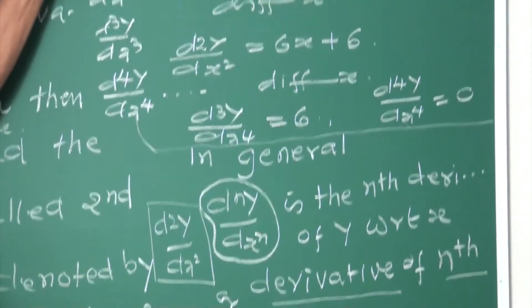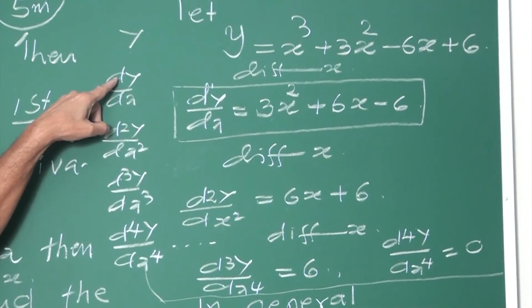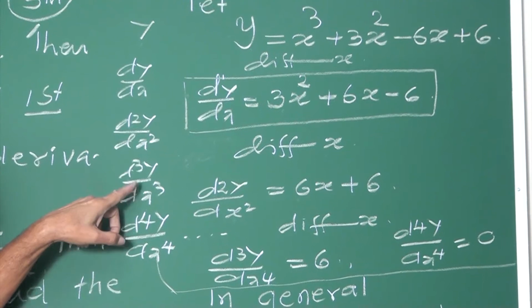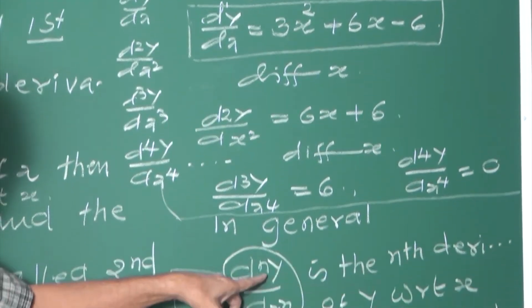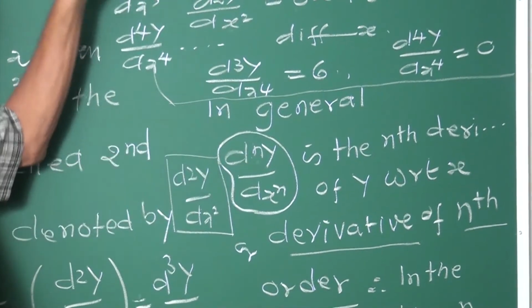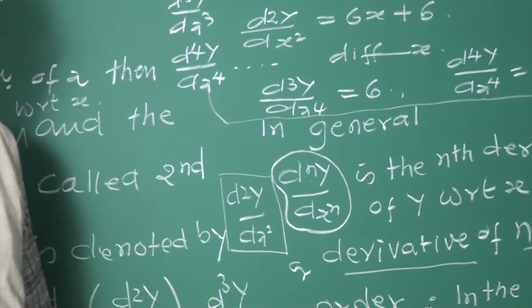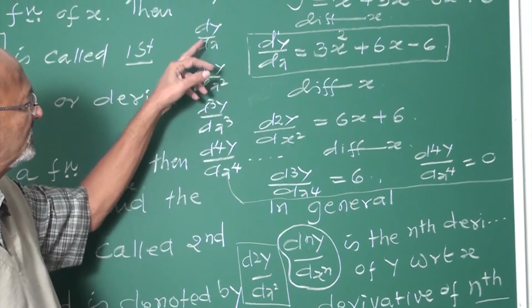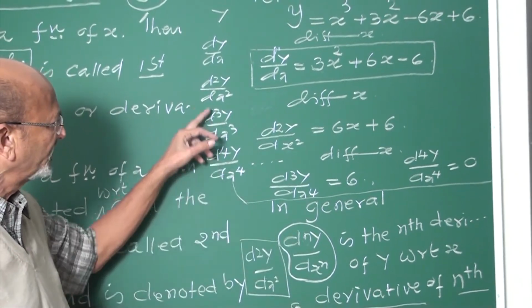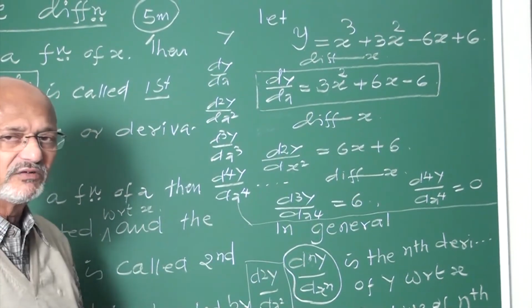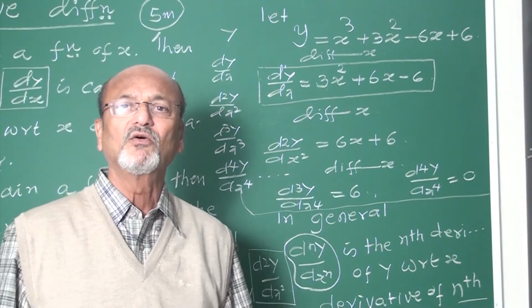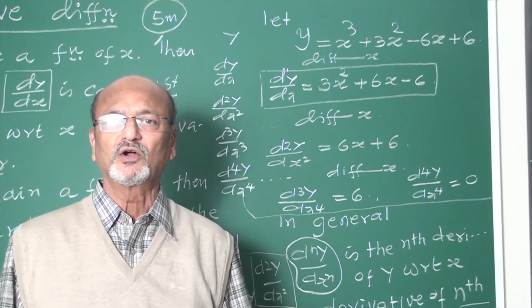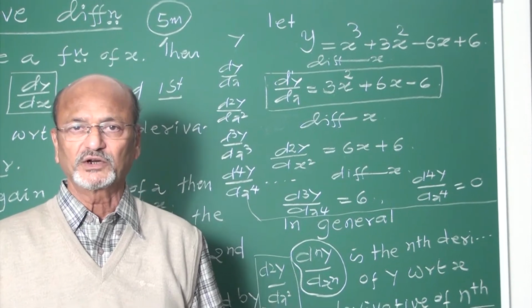Here also, when y is a function of x, it is first derivative, second derivative, third derivative, fourth derivative, like that, up to the nth derivative. They have come with a succession, one after the other. Therefore, these derivatives are known as successive derivatives of y with respect to x.